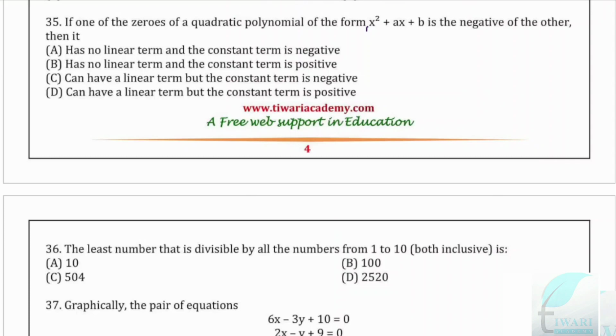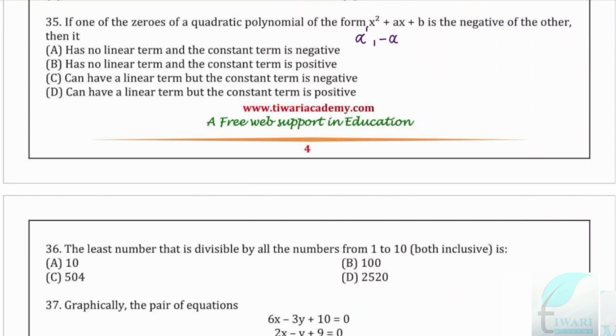Question number 35. If one of the zeros of quadratic polynomial of the form x square plus ax plus b is the negative of the other, let the first zero be alpha, then the other zero is minus alpha. Then they are asking the nature of these zeros. Let us consider sum of two zeros.